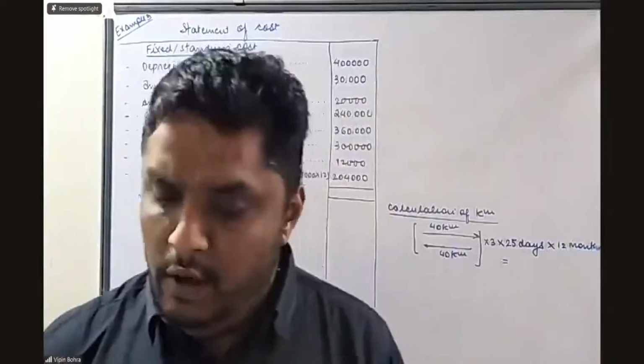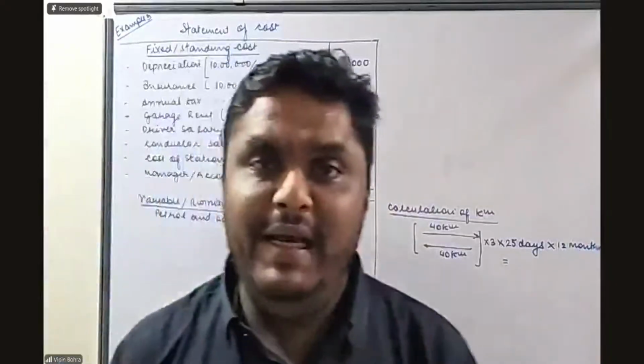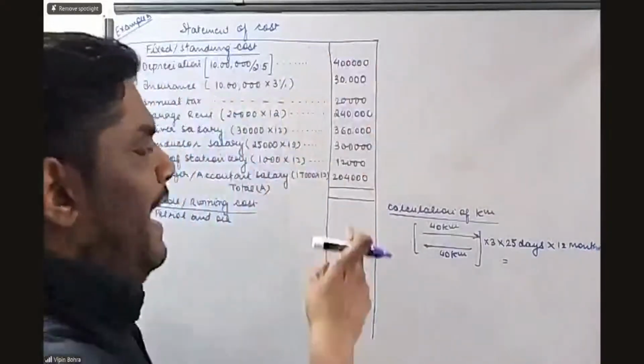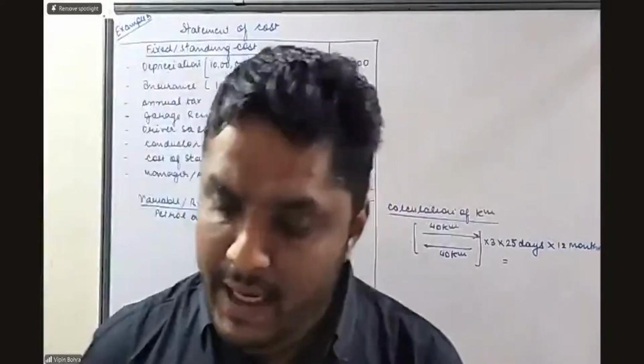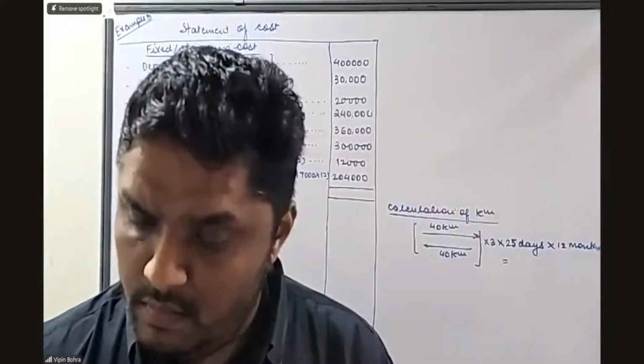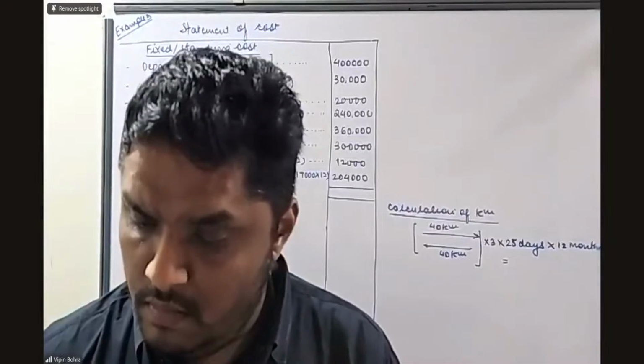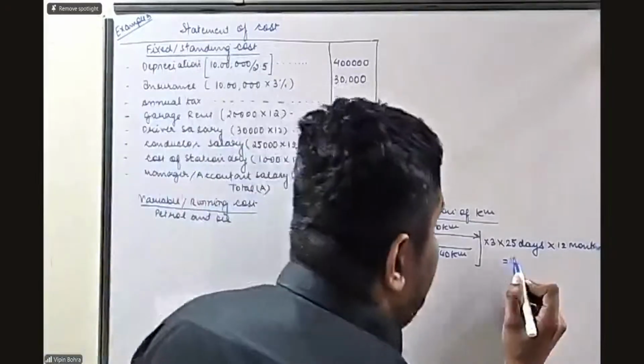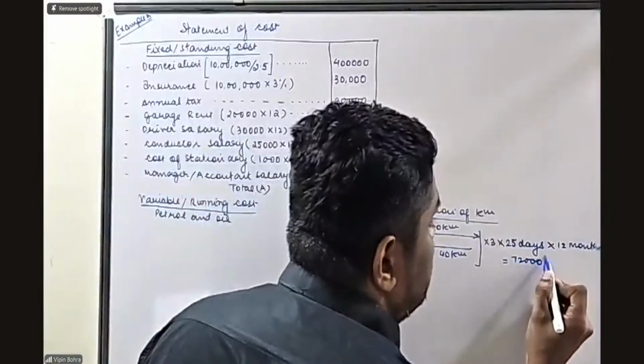So we will get the kilometers. I repeat again, since the costs are annual, we'll be calculating the annual kilometers. So this will be 72,000 kilometers.